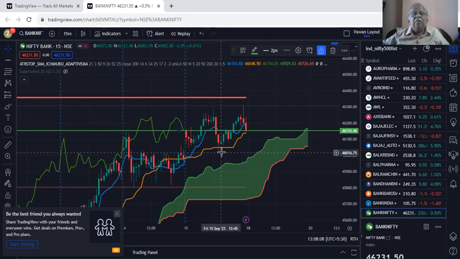Within half hour, it is a 15-minute chart. So within 15 minutes, you have completed your trade here. Don't wait for further, because the stock is bullish, the index is bullish, and you will be trapped.